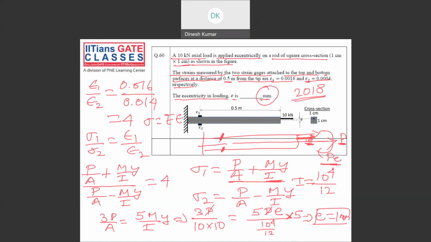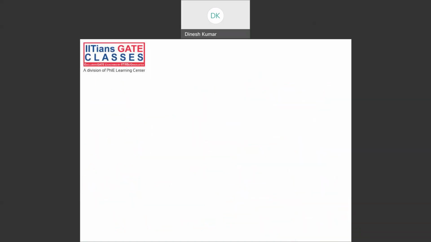Now you can see, if you try to simplify further, your E got cancelled. So the E value will be 3 into 10 to the power 4 upon 10 into 10 into 12, and we will also be multiplying by 25.